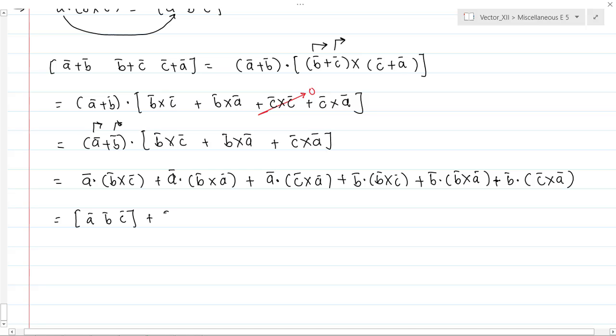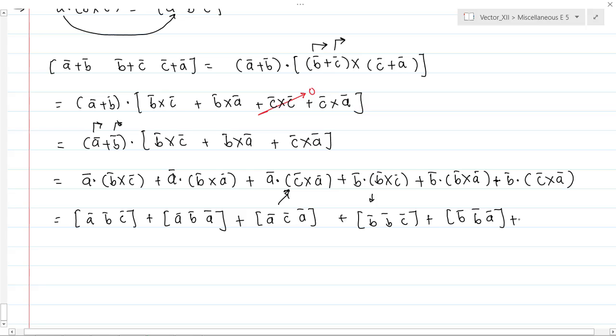Perfect. This is the box product of a bar, b bar and a bar, plus a bar, c bar, a bar. So this corresponds to this term. Next we have b bar, b bar and c bar. Next is b bar, b bar and a bar, and the last one is b bar, c bar, a bar.